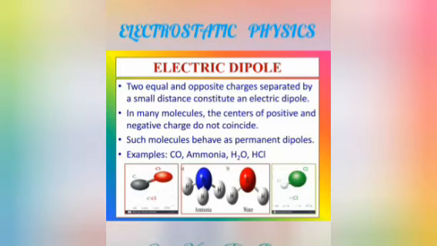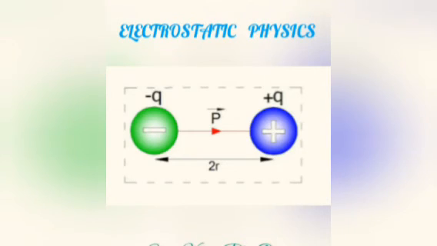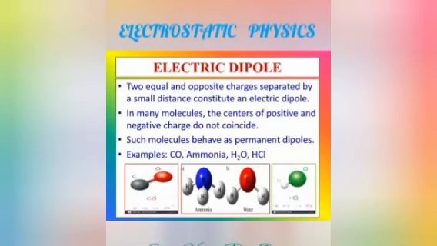Two equal and opposite charges separated by a small distance constitute an electric dipole. That is the definition of a dipole. In many molecules, the centers of positive and negative charge do not coincide. Such molecules behave as permanent dipoles. Examples: CO, ammonia, H2O, and HCl.